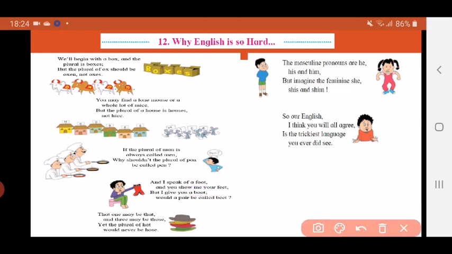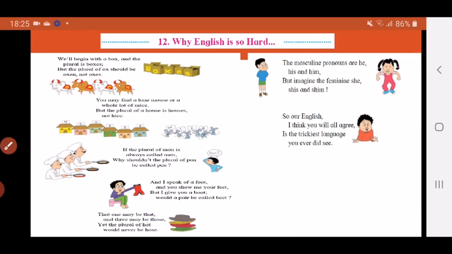Then the next one. That one may be that and three may be those. Yet the plural of hat would never be hose. So what is he saying? If it is that one, then we say that.